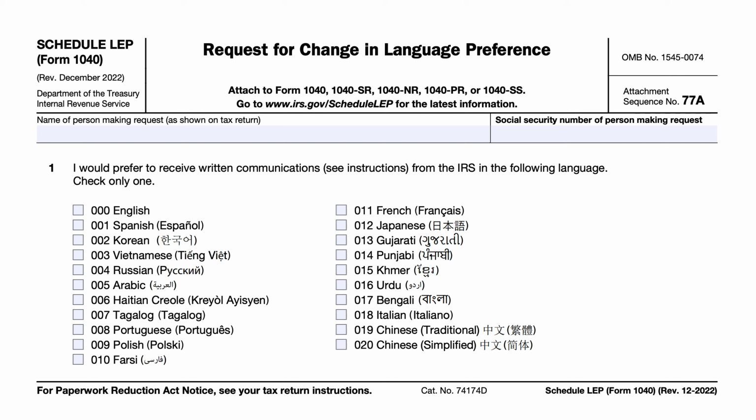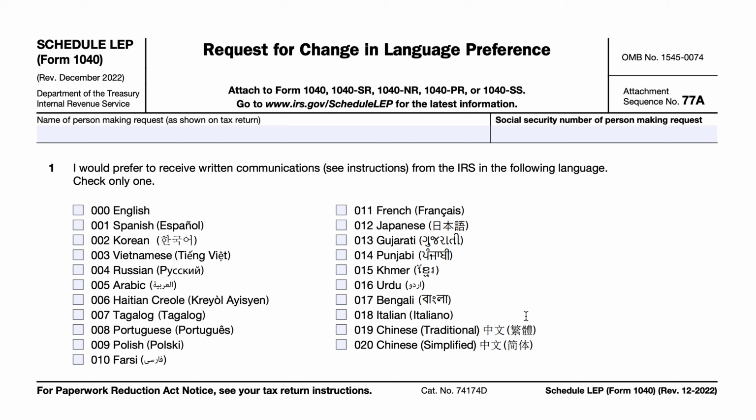In this schedule, LEP, this is for taxpayers who specifically are looking for correspondence in a language other than English. So as you can tell on this, the 000, that's the default English, and then there are 20 different languages available to most taxpayers.